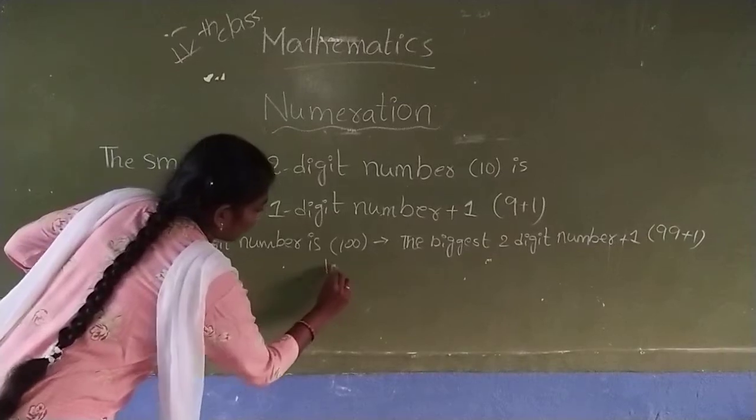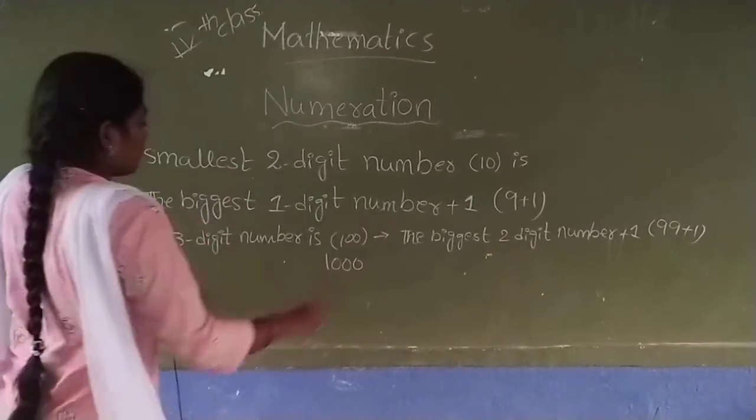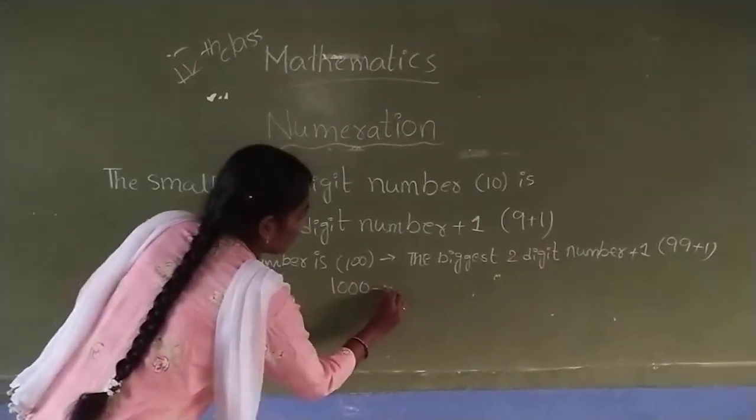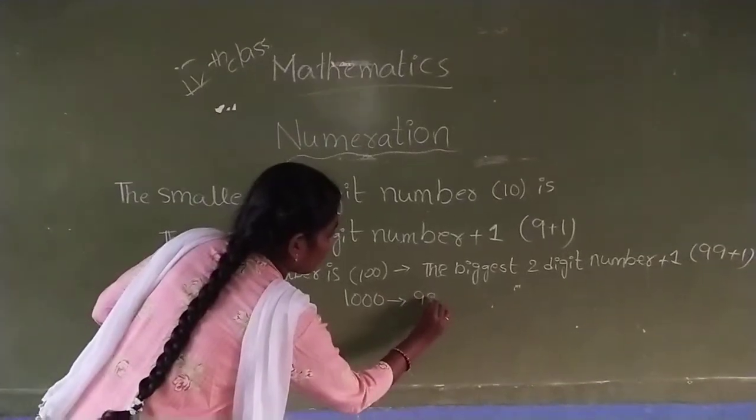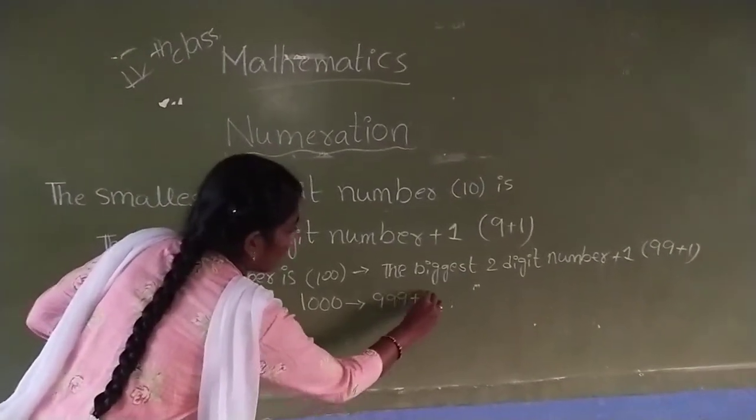In the same way, the smallest 4 digit number is the biggest 3 digit number plus 1.